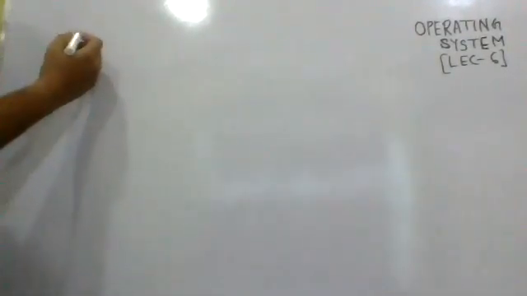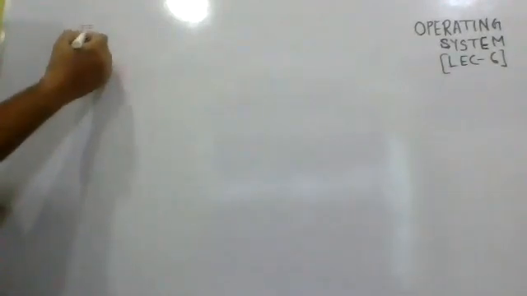In this lecture we have to see the state flow diagram and the events which trigger the transition from one state to another. So the topic is the process states transition diagram.